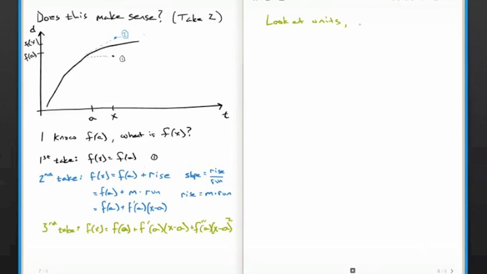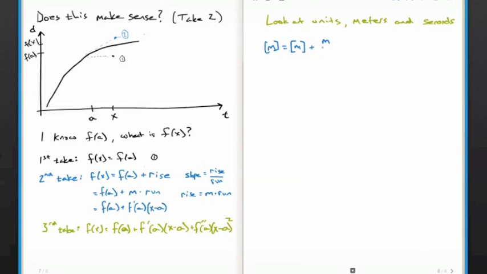And we'll say those are meters and seconds. We said that meters equals, what do we say? It's f of a, which I know is in meters, plus my m, which is slope, which is really meters per second, the change in distance, which is meters, over the change in time, which is seconds.